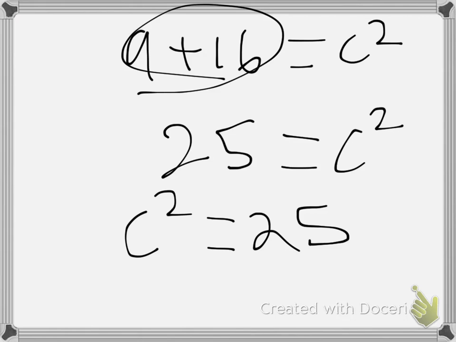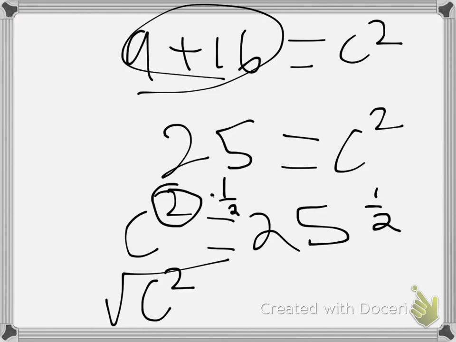What we have to do is either multiply by its inverse, which is times 1/2 on both sides, or c to the 1/2 power, I guess. Or you could write it as the square root of c squared equals the square root of 25.